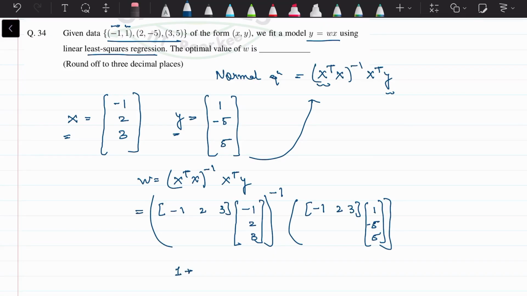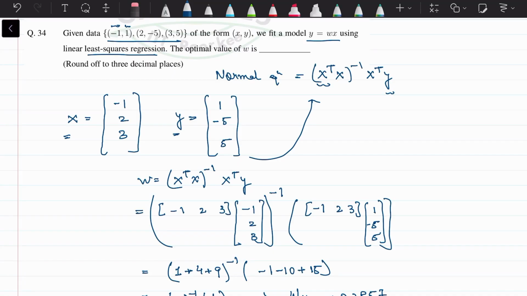And if now we go and solve this, this is basically just a dot product. So it is 1 plus 4 plus 9 inverse, and this value would be -1 -10 plus 15, that is 14 inverse, and this value is 15 minus 10 minus 1, which is 4, or basically we can rewrite this as 4 by 14, which is 0.2857.